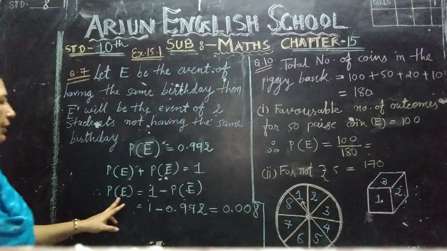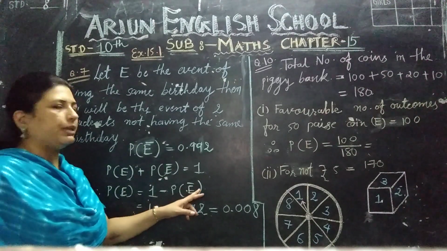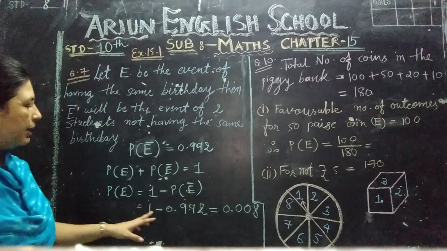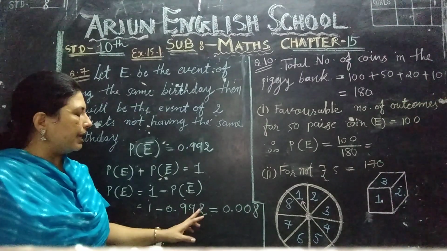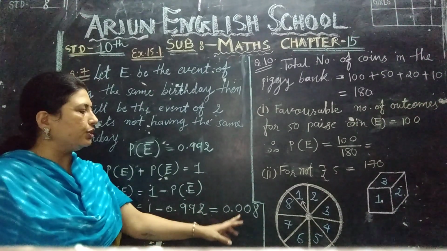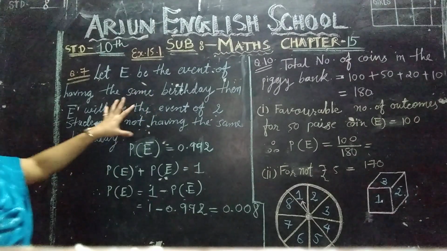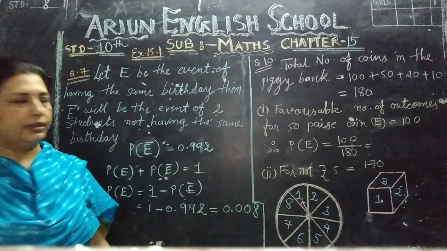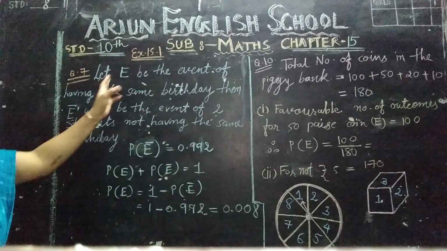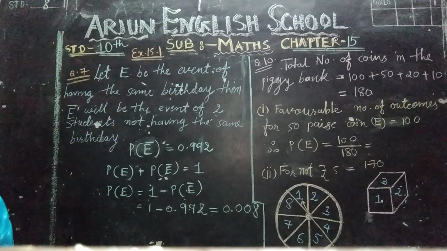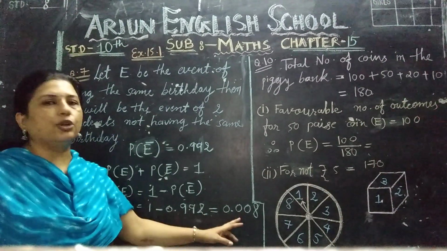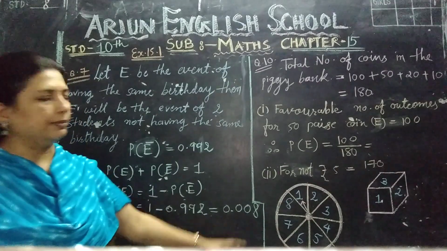So, we can say that P of E is equal to 1 minus P of E bar, which is 1 minus 0.992, equal to 0.008. So, you can say that the probability of the event of having the same birthday is 0.008.